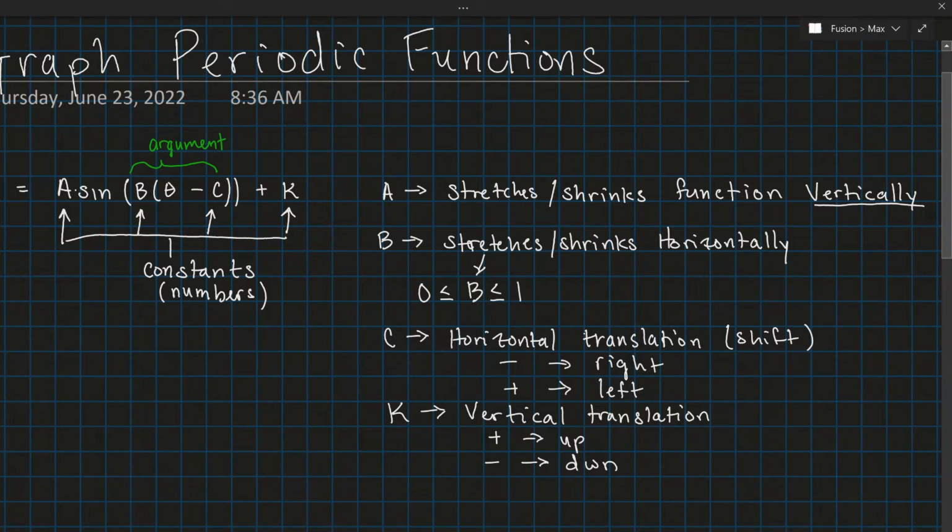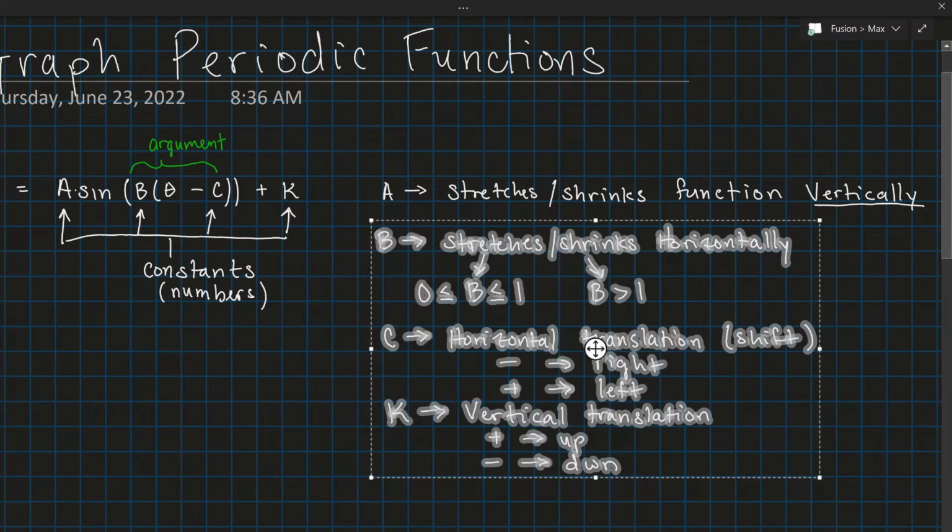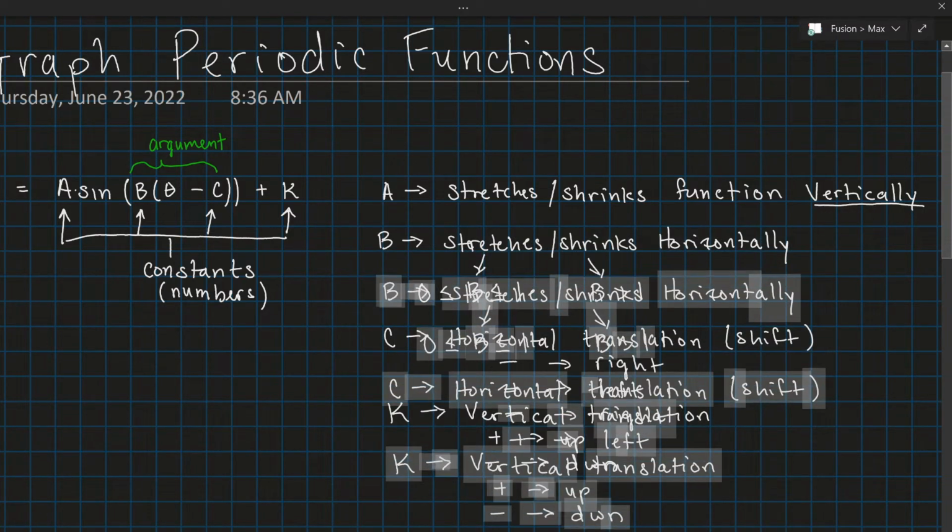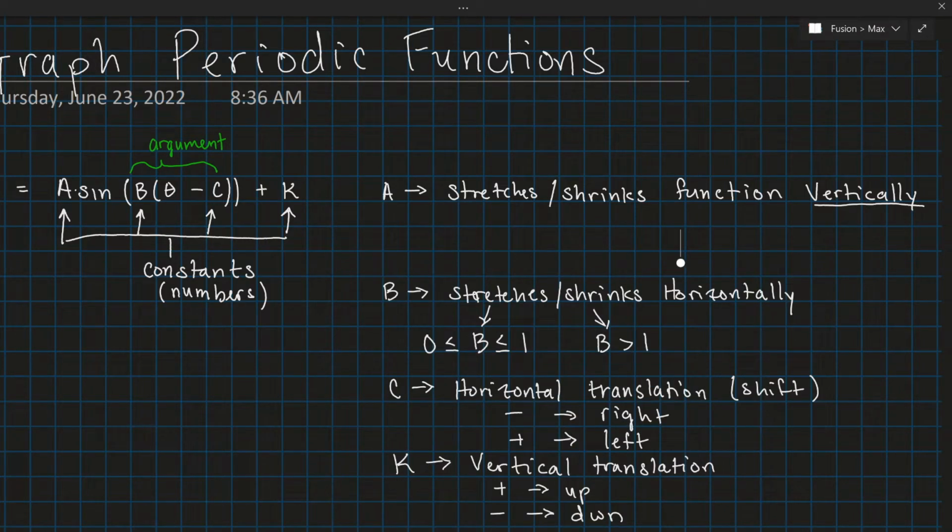In other words, if it's a fraction, like 1/2, 1/3, etc. And it shrinks if it's greater than 1. A works the exact opposite way. So A stretches if it's greater than 1, and it shrinks if it's a fraction.